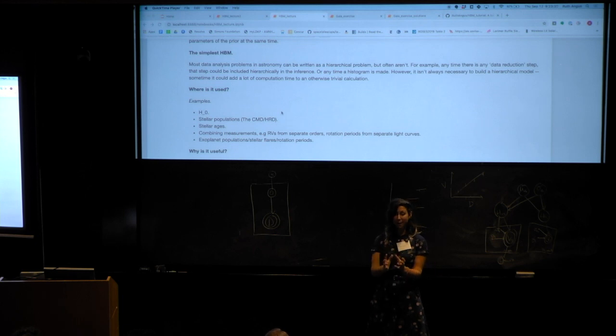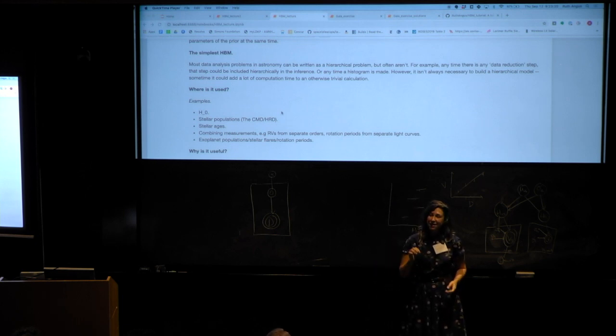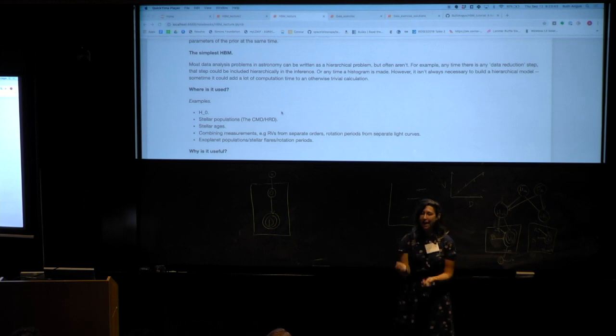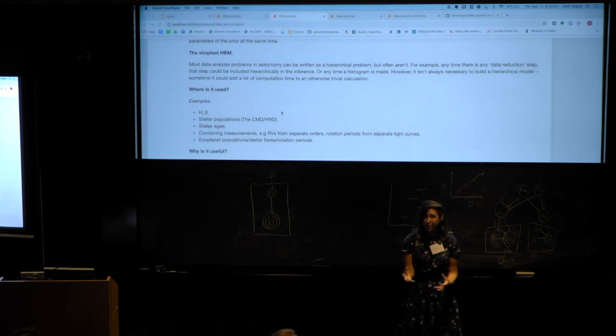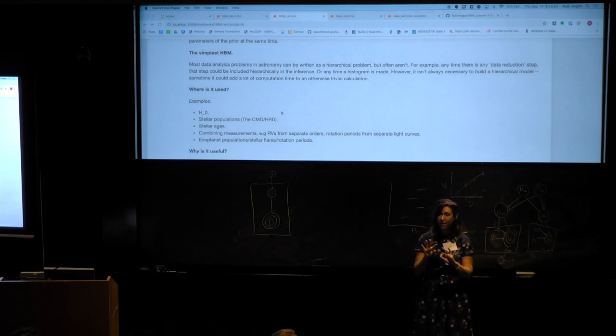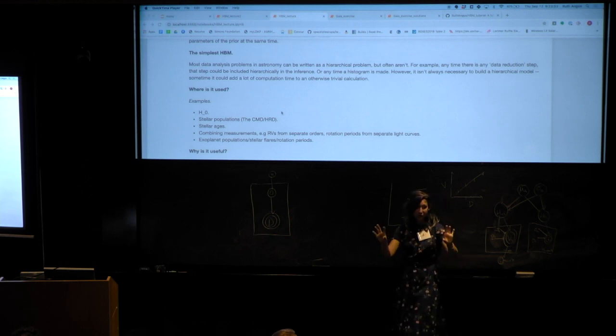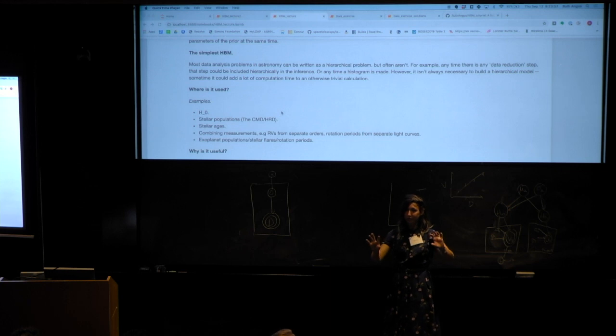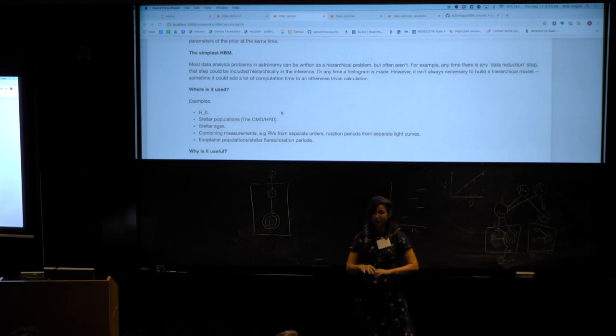You have to use this approach because we don't know the ages of our stars. If we knew their ages a priori and could measure their rotation periods and abundances, we could just calibrate the age relations, but ages are really difficult to measure. So we've got to do it all at the same time: we have to learn about the rotation-age models at the same time as inferring the ages.